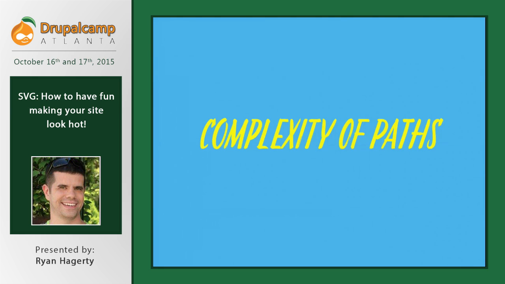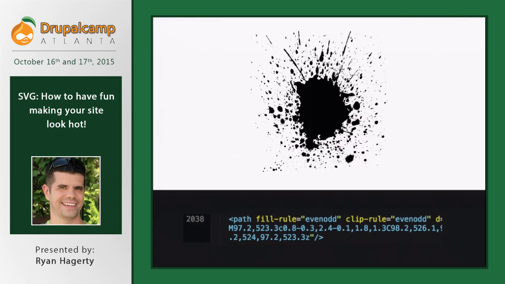All right, complexity of paths, all right. So if you remember that small file size asterisk from earlier, I actually ran into this one time. I had to use this. The person wanted to change the color of that on demand. But the problem is that this is a super complex path, right? I mean, there's tons of different paths. There's tons of circles.